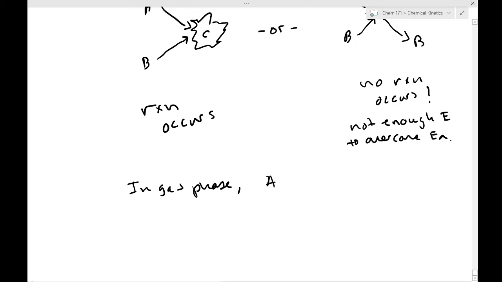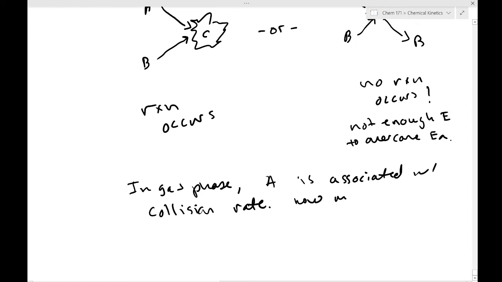So A, the frequency factor, is associated with the collision rate. Basically, how many times per second a collision occurs.